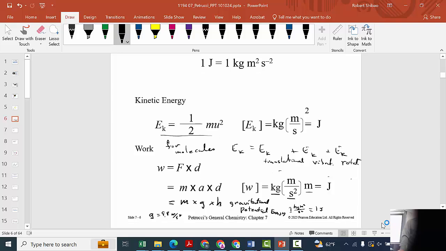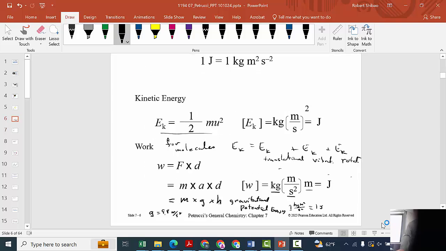And so let's go back here and just take a look at it. 1 joule is defined as 1 kilogram meter squared per second squared. So when we look at the units, whether it's kinetic energy or gravitational potential energy, the units are going to be the same: kilograms meter squared per second squared. And that is when we take the mass times g times h, and it gives us joules here.